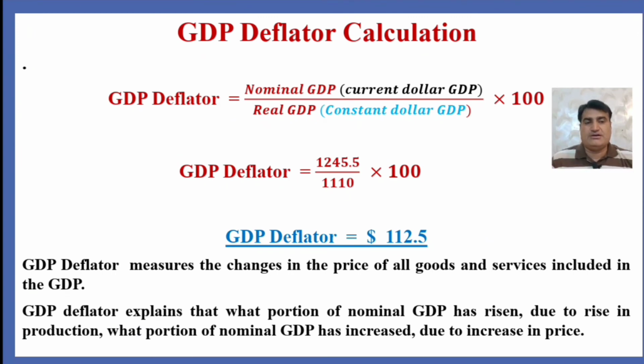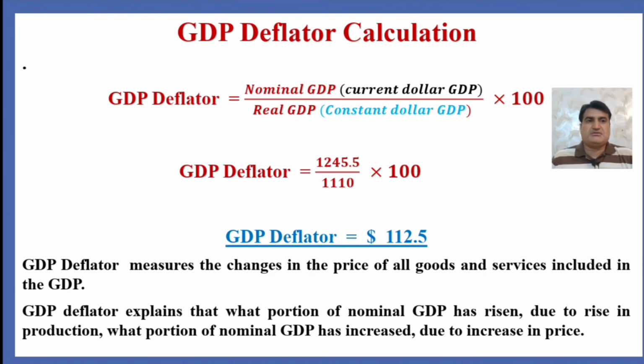I hope it is clear to all of you how to calculate the nominal GDP, the real GDP and the GDP deflator. Once more, let me summarize: the nominal GDP shows the total output measured at the current year price, whereas the real GDP is the accurate measure of rise in output, that is, when total output is measured at the base year price.